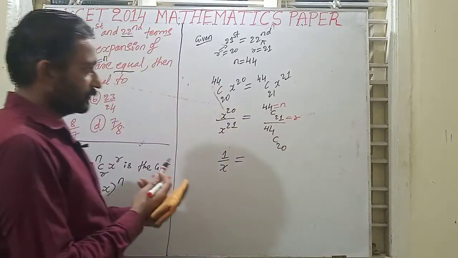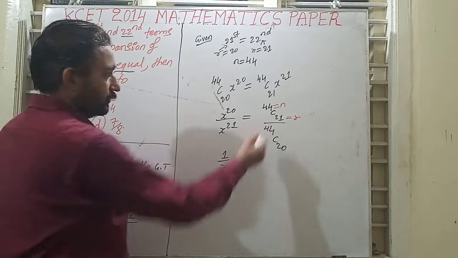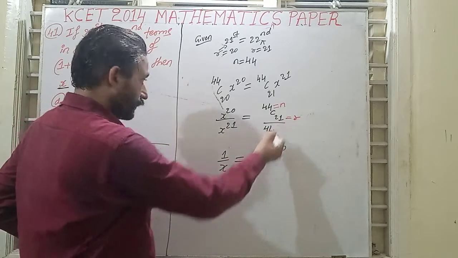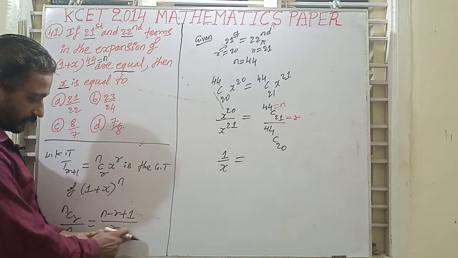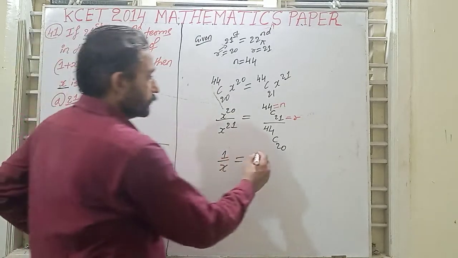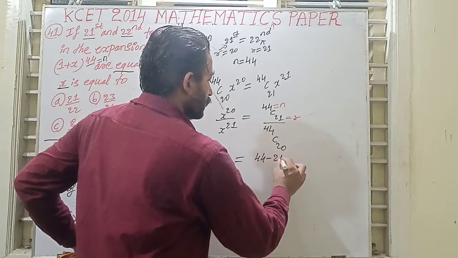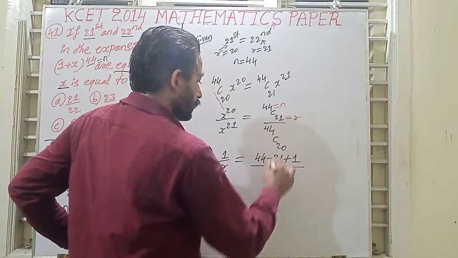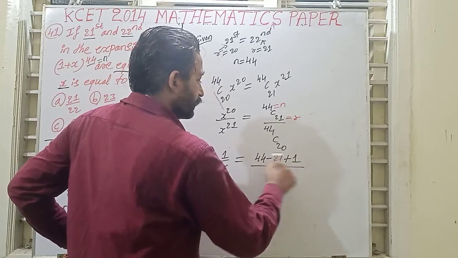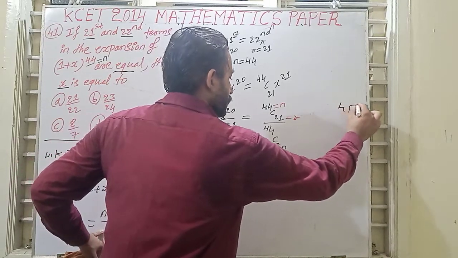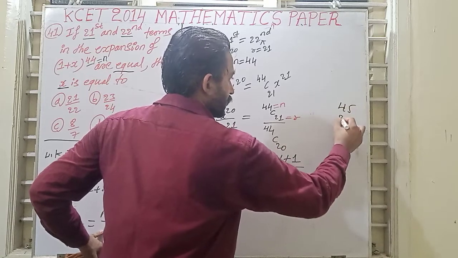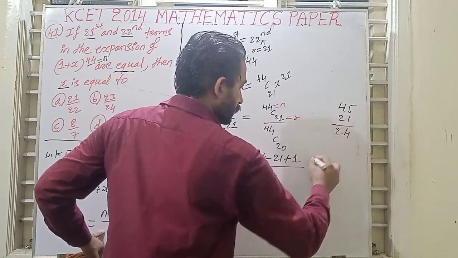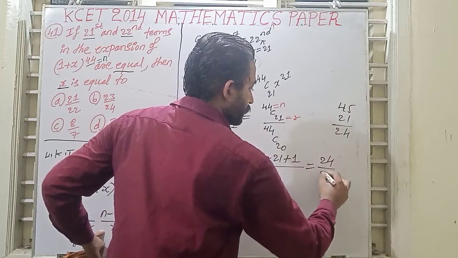Using this formula, the right hand side becomes (n minus r plus 1) divided by r, so (44 minus 21 plus 1) divided by 21, which is 24 divided by 21.